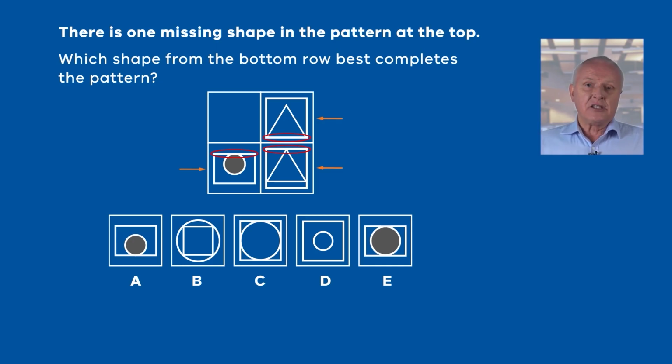Looking at the answers, we can see that only option A and E have a grey circle, so we can immediately eliminate options B, C and D. Comparing the 2 remaining options, we can see that option A best completes the pattern. It has the same size grey circle with just its bottom touching the rectangle.